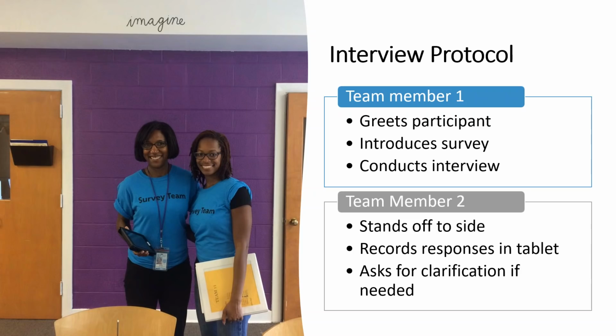They're going to be recording the responses in the tablet, and the only time they're really talking is if clarification is needed. And usually what I've done in the past is you just switch off every other time so that one person's not getting really tired of talking and one person's not getting overwhelmed with recording the information. So you can take turns doing each responsibility, each role, but just make sure that you know which role you're doing before you knock on the door.